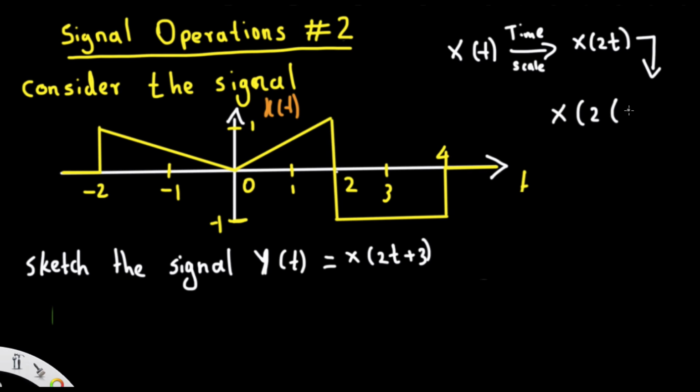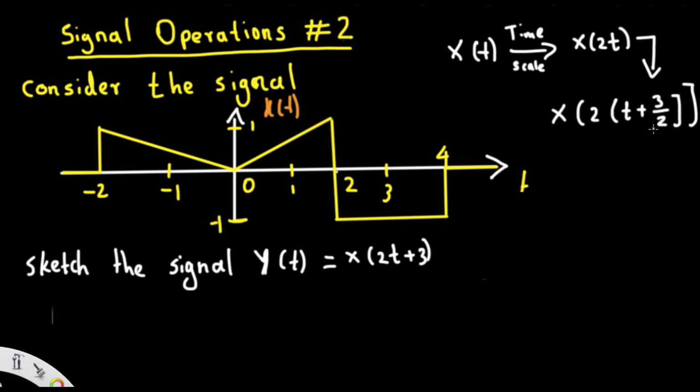Now we have to see with the adding value. We add 3 here. If I multiply with 2, what value will bring the t plus 3 again? So we have to put the 3 by 2 here and then close it, because if you see here I multiply 2 by t, 2t, and then 2 by 3 by 2, we will get 3 again. We have to get 3 here, right?